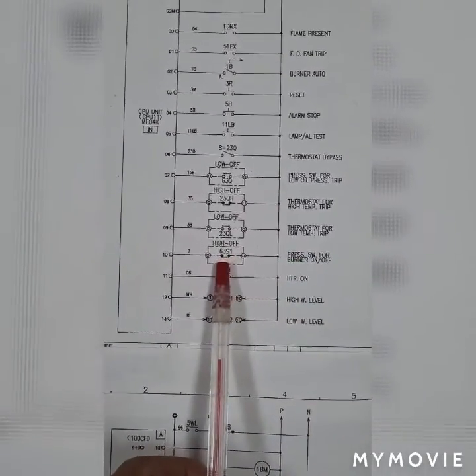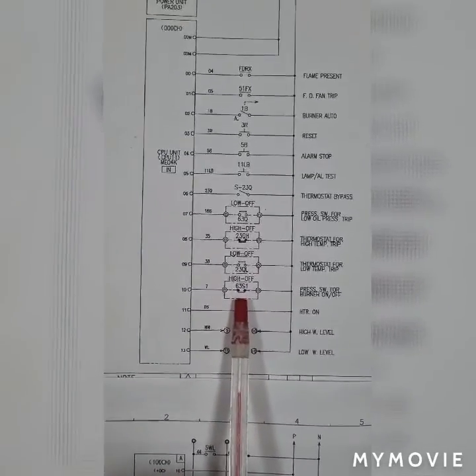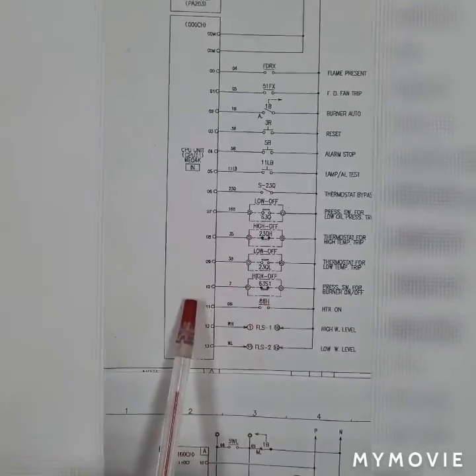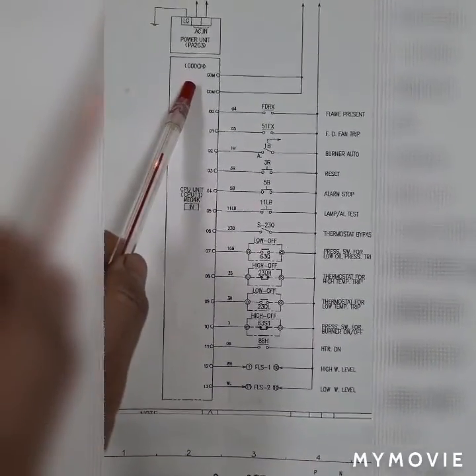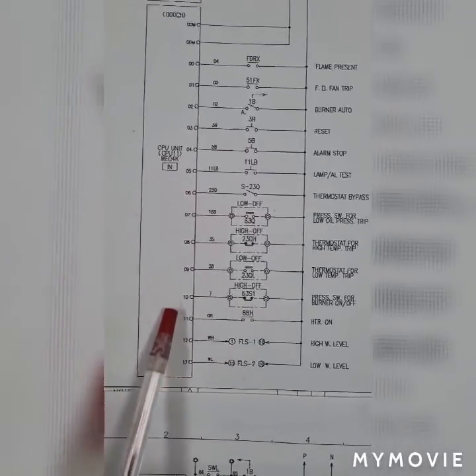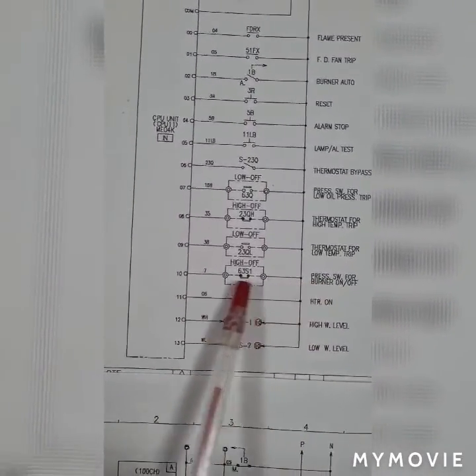Once the contact is closed, it will send a signal on this PLC 00CH input, terminal number 10.